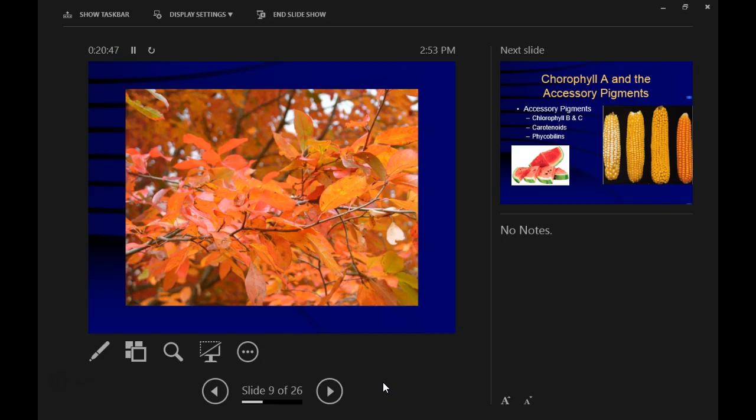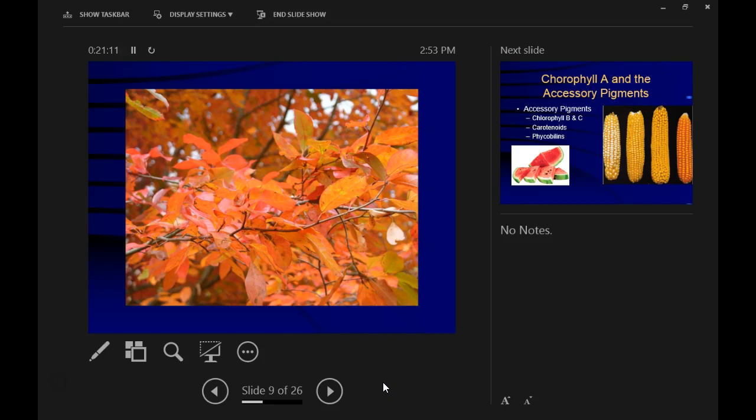They've been there all along, but they've just been masked by chlorophyll. During the fall of the year, a lot of plants turn off their chlorophyll. So they stop making chlorophyll. And so what you see is the pigments that were masked by the dominant chlorophyll A.